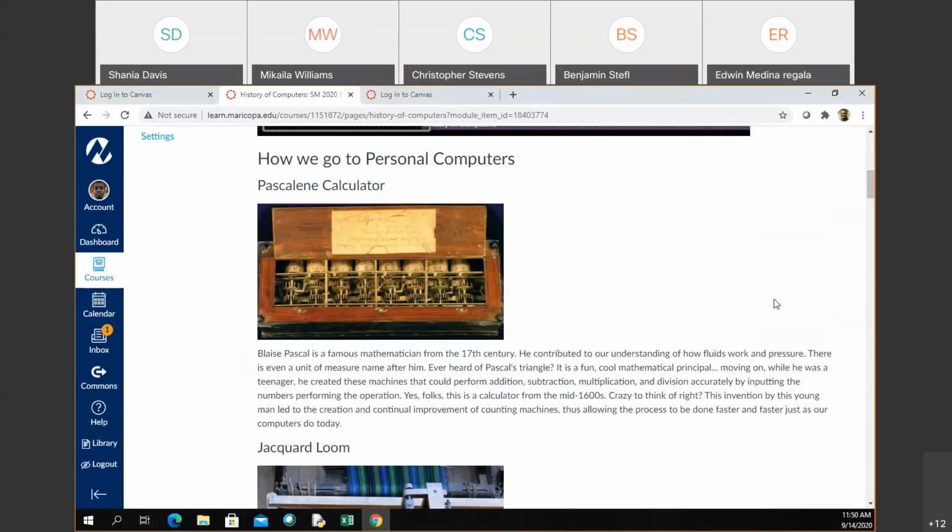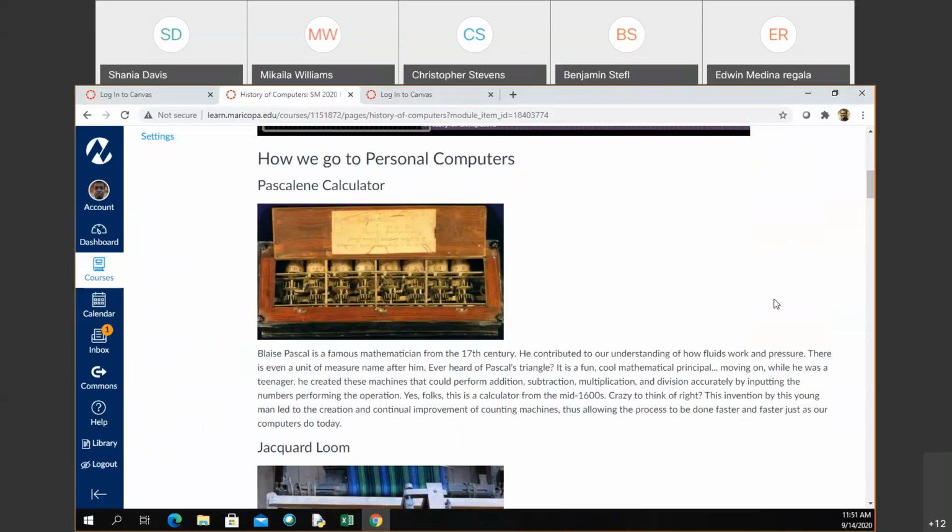But Blaise Pascal, when he was a kid, would help his dad sometimes. His dad was an accountant. Those of you that are in business and accounting, those of you that have ever had a job, you may or may not understand how much math goes behind it. And usually it's just a lot of adding, subtracting, multiplying and dividing.